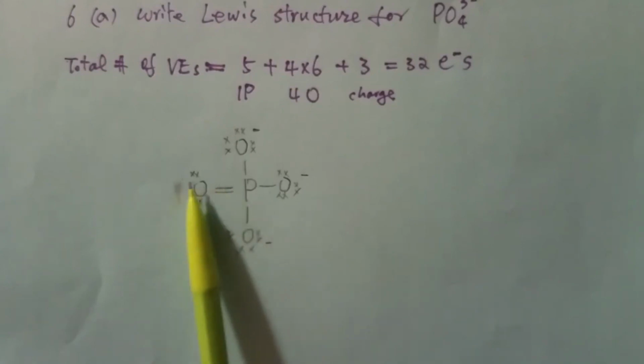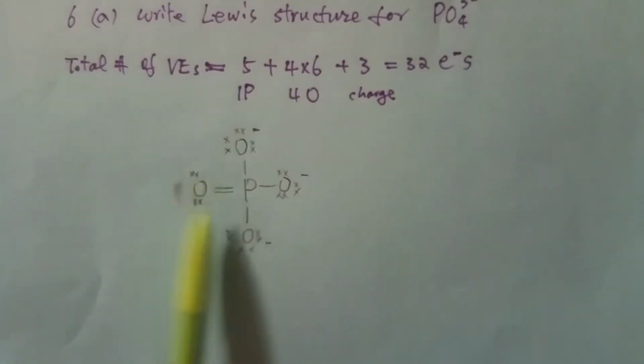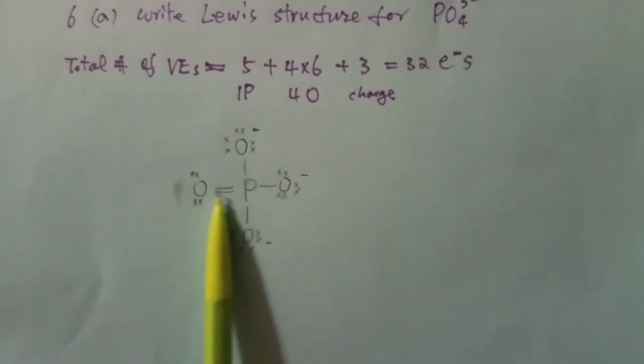So the formal charge will be higher there. A lower formal charge should be more stable.